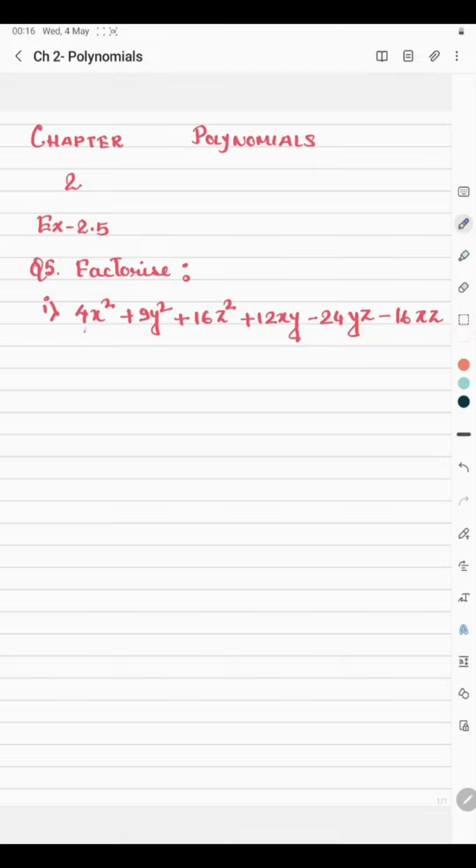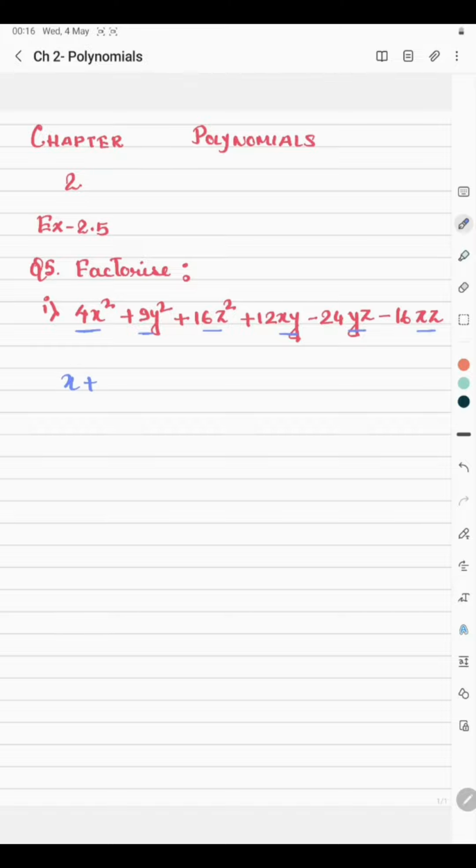Now here we can see that this is the x square term, this is the y square term, this is the z square term. This is the xy term, this is yz and this is xz. That means this is which identity?